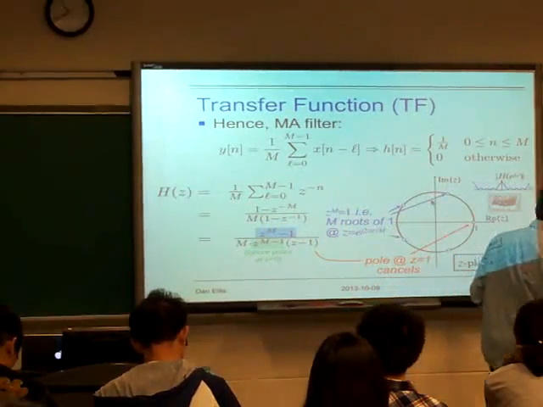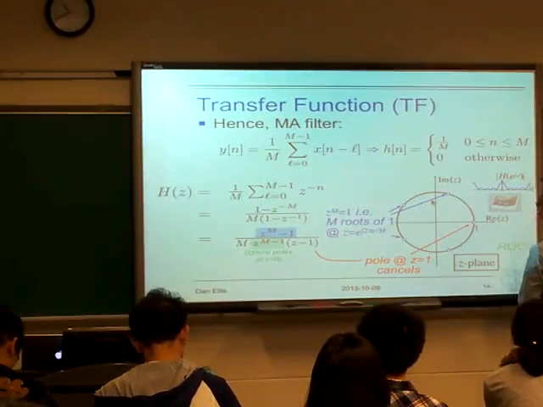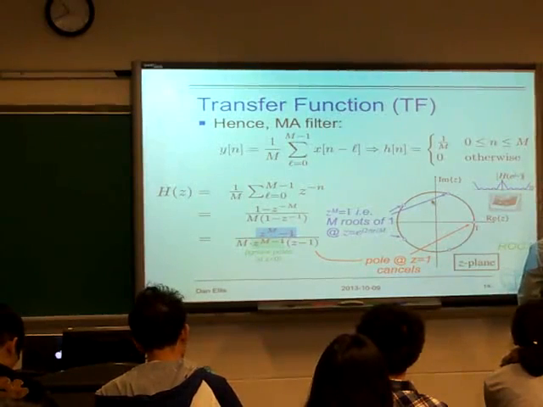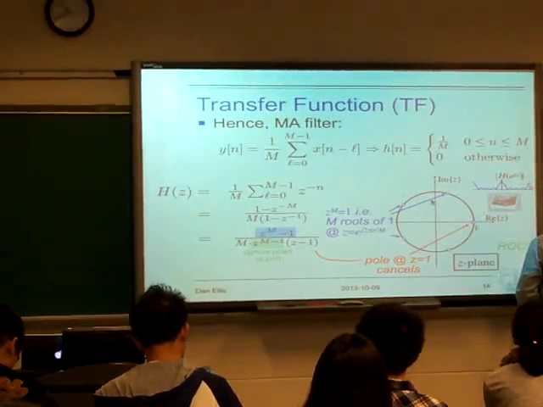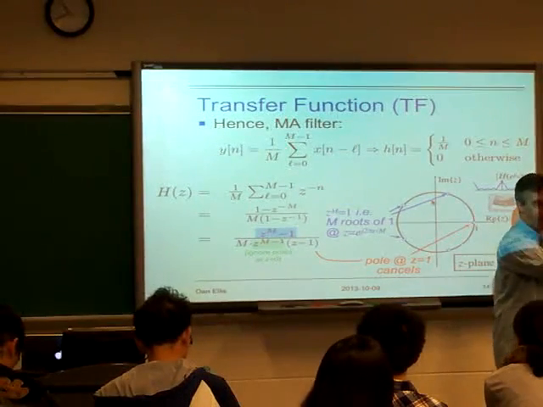It's because I have z to the m minus 1 divided by z minus 1, right? That's some other terms in here.